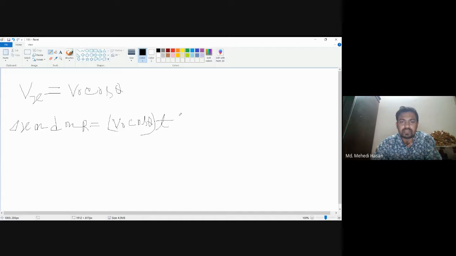So these are the two equations. The first one is the x component of the velocity and the second one is the horizontal range.